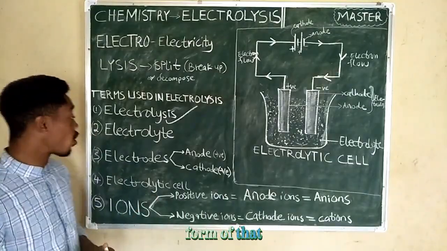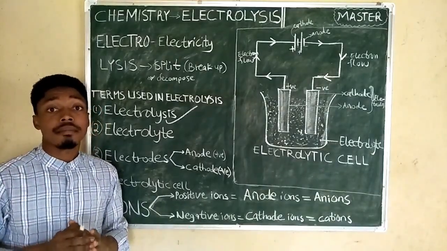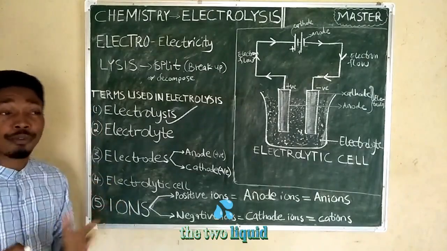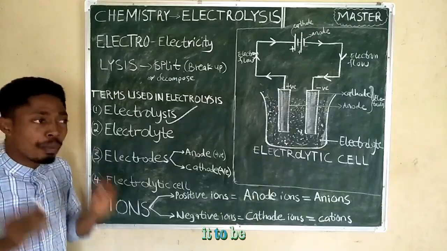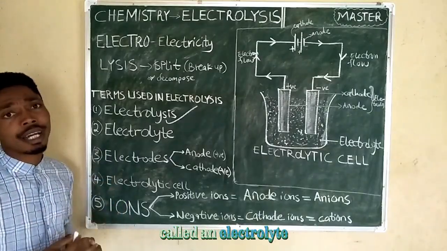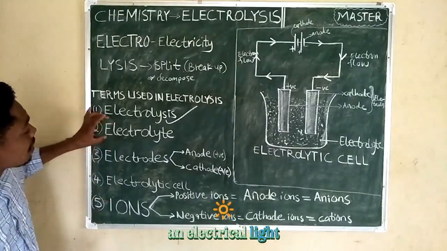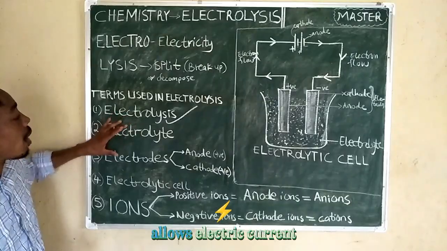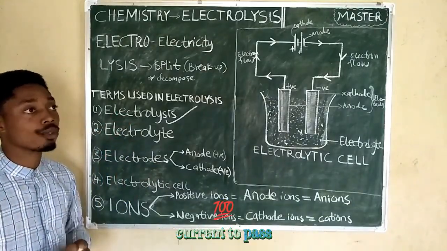So, a molten form of that compound or an aqueous solution of that compound are the two liquid forms in which that compound must be for it to be called an electrolyte, for it to conduct electricity. An electrolyte allows electric current to pass through it.